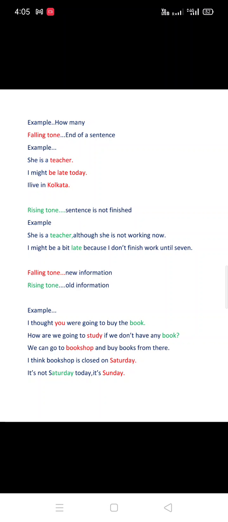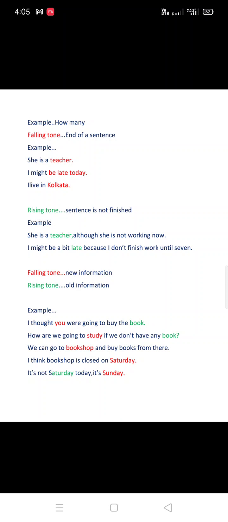But if we use rising tone, how can you pronounce it, like, she is a teacher although she is not working now? Here, rising tone is used when the sentence is not finished. If I say she is a teacher, that means our tone is rising but the sentence is not yet finished, right?